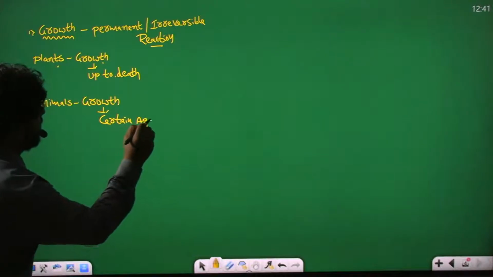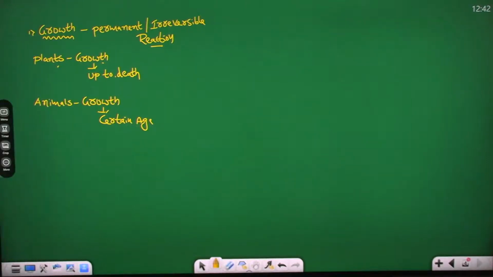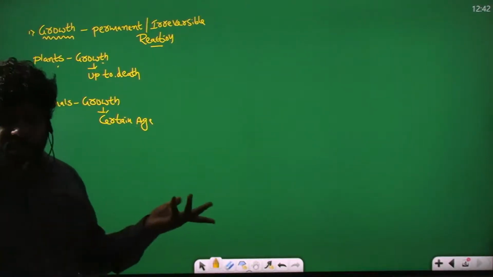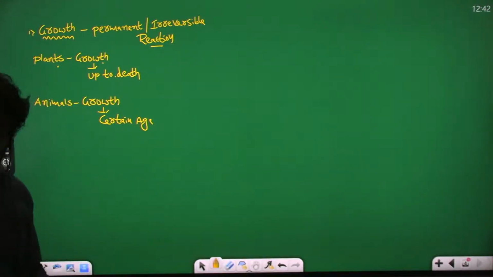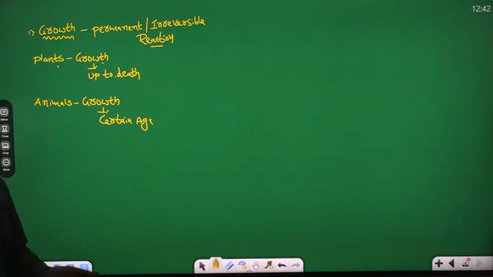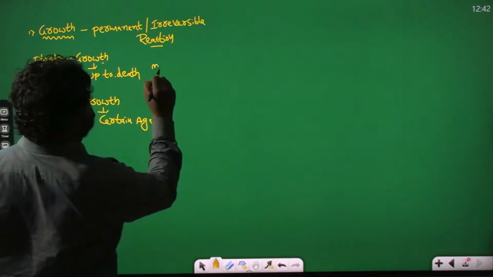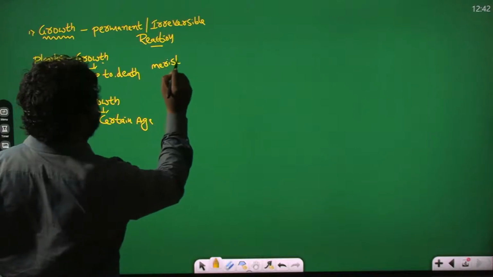After that age, there is no growth in animals. In human beings, at 20 or 21, after that we do not show any growth. But not like plants. Plants show growth every day, up to death. What is the reason behind that? Can anyone say? A simple reason. Plants show growth up to death because plants consist of meristematic tissues.